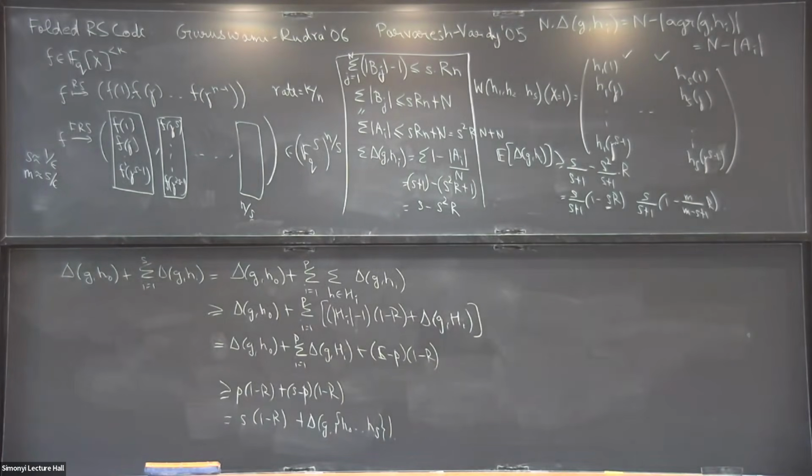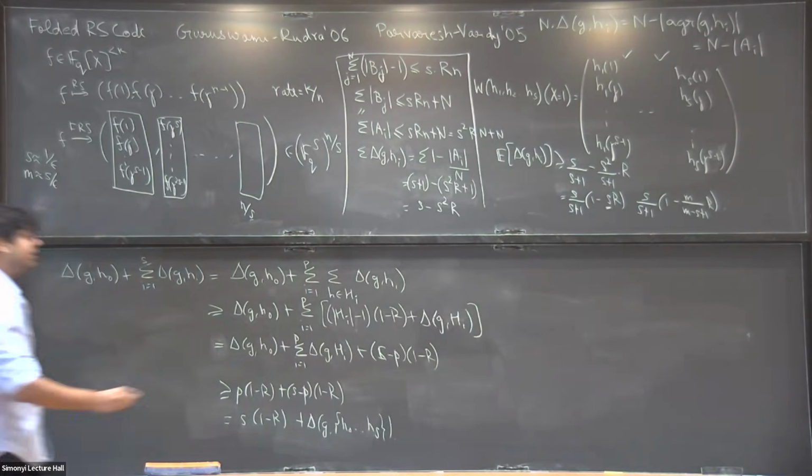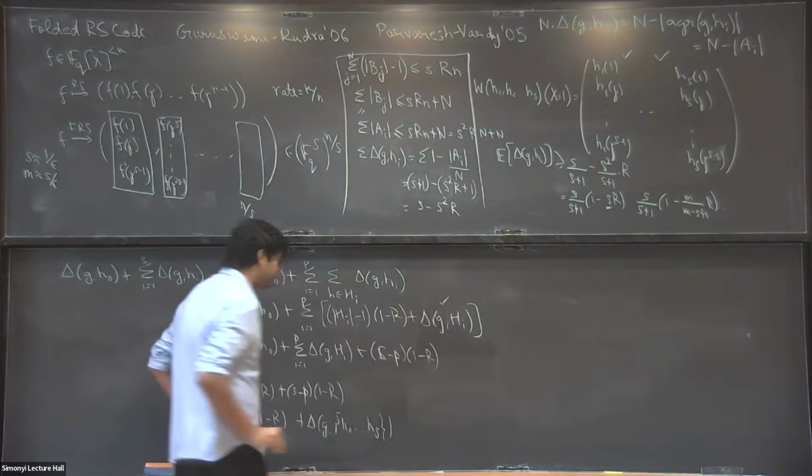Like if some coordinates are not appearing in any one, then I might as well delete them to begin with. So the real dangling terms here should be the ones that are not appearing here.